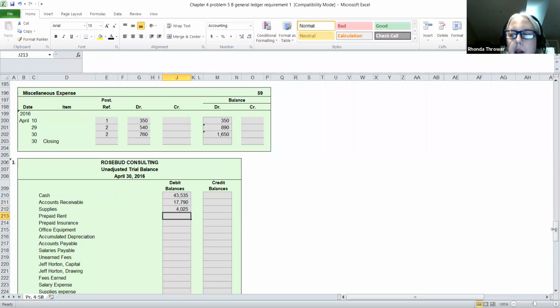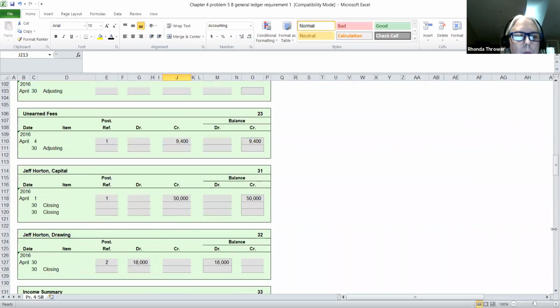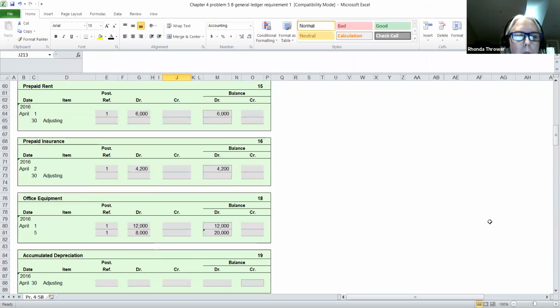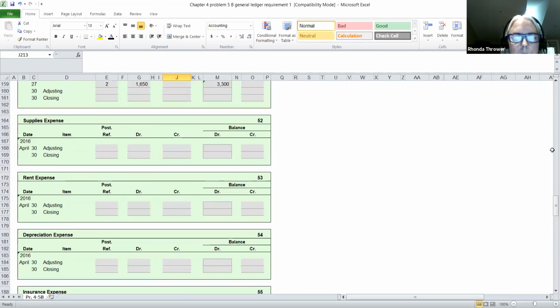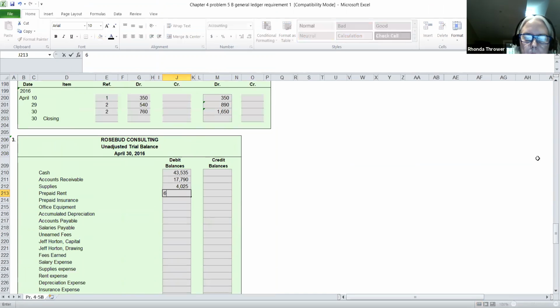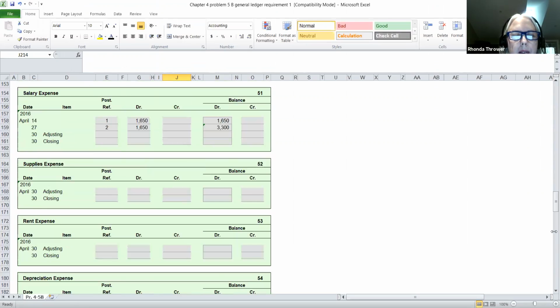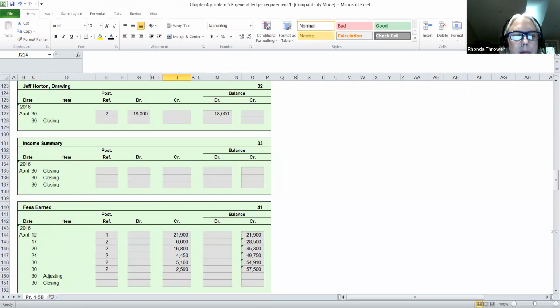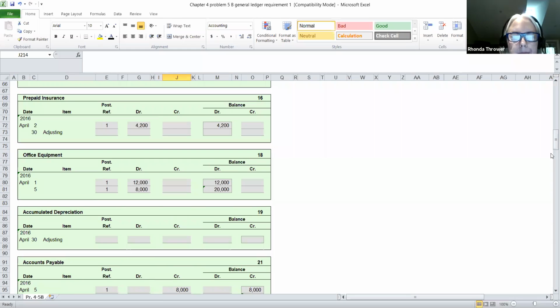And then I'm going to pick up my prepaid rent, and my prepaid rent is $6,000. It too has a debit balance because it's an asset. I'm going to pick up the balance, prepaid insurance, $4,200.